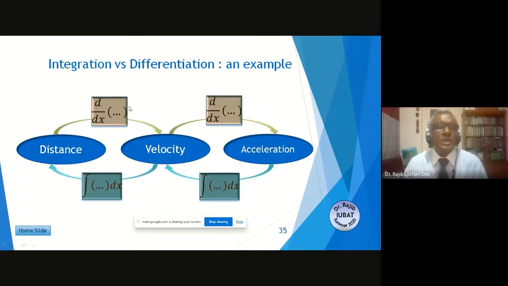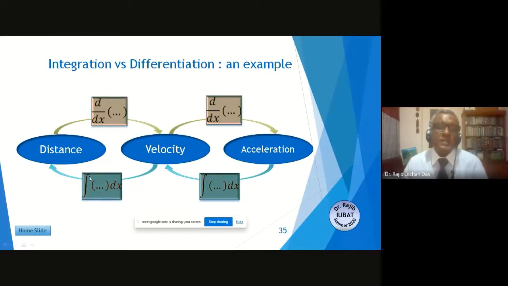The upper symbol is differentiation, that means d/dx. The d is differentiation and dx is with respect to x. It is the same thing in the lower symbol.